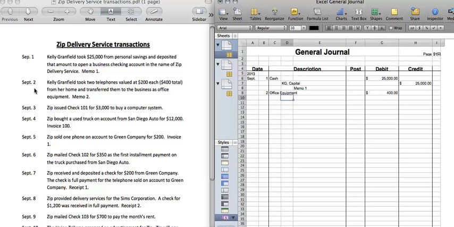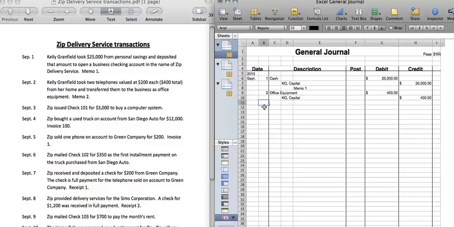And then we're going to tab over and we're going to credit again KG Capital. Okay, and if we hit tab, it'll just accept that for us since we've already written it. KG Capital, credit 400. And you want to make sure each transaction as you go that the debit amount is the same as the credit amount. That way we won't need to total anything at the end. We just know of each transaction there's a debit and credit for an equal amount.